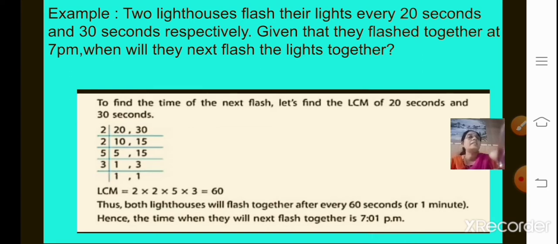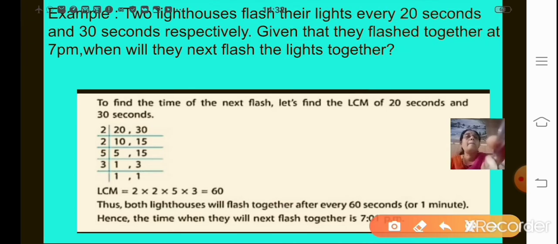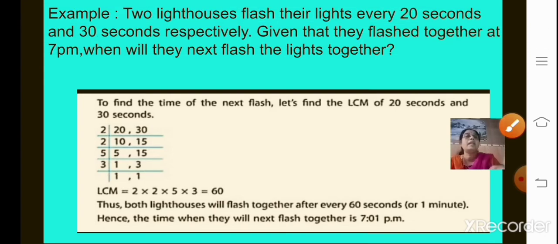So here it is already given that the light flashed together at 7 p.m. So the next time they will flash together at 7:01 p.m. So first you will find the LCM. You will get the answer as 60 seconds. Now 60 seconds make 1 minute. So the next flash together will be at 7:01 p.m.